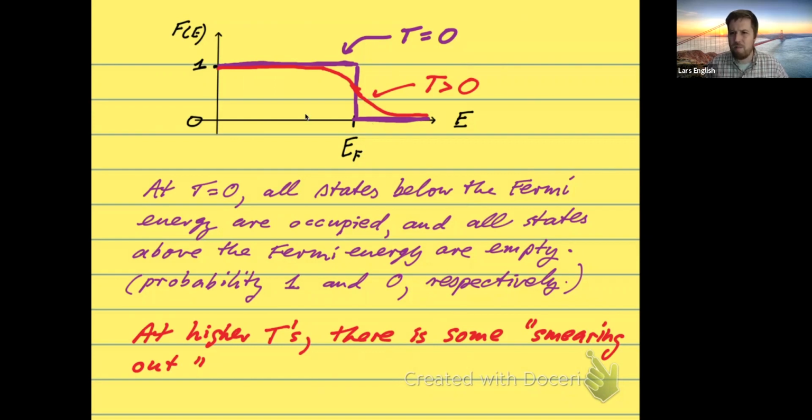But those of you who didn't have that course, it doesn't really matter because you can learn it here. And it's really nothing too surprising, right? So when you have a little bit of temperature going, then some of these electrons that used to be here can maybe get thermally excited to states that are just a little bit above the Fermi energy. So we smear out that sharp edge at higher temperatures.